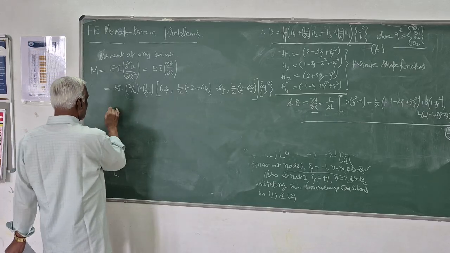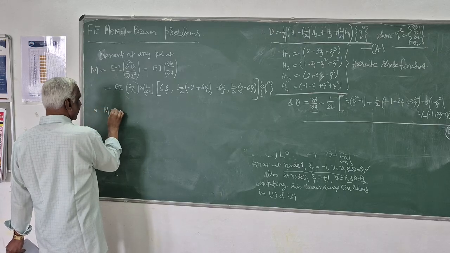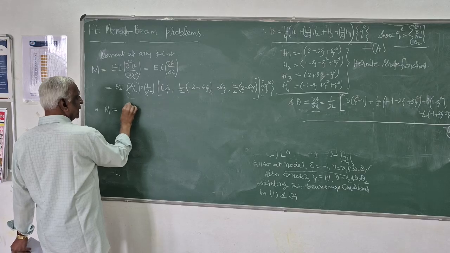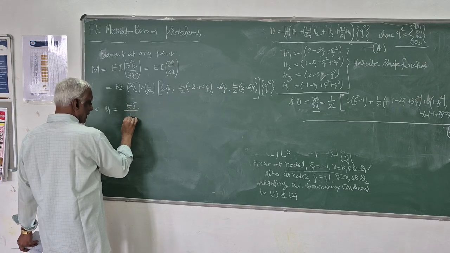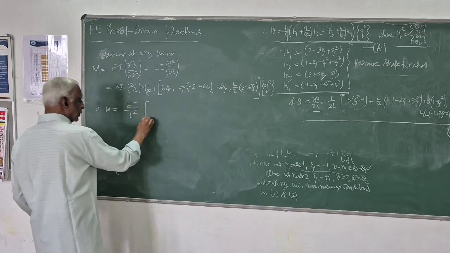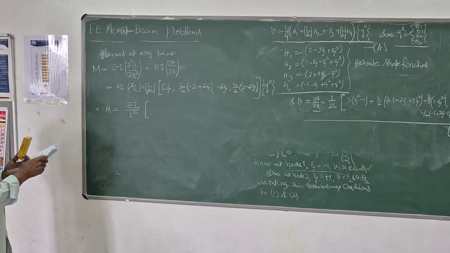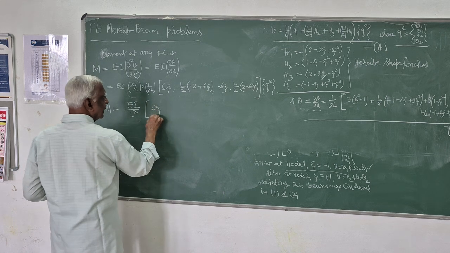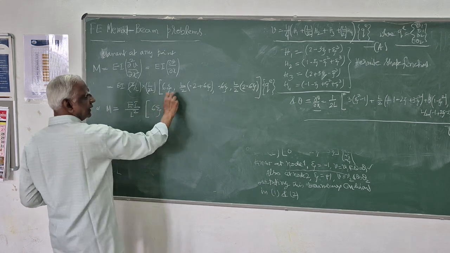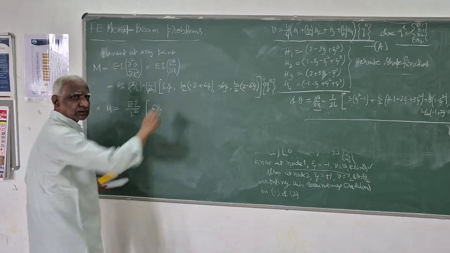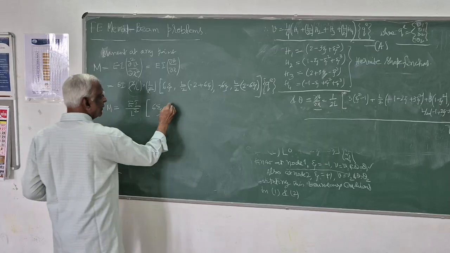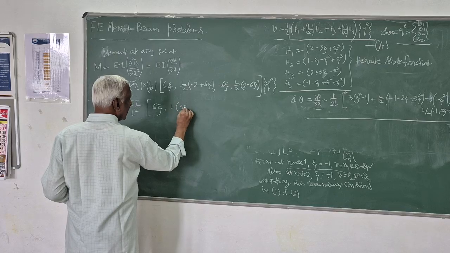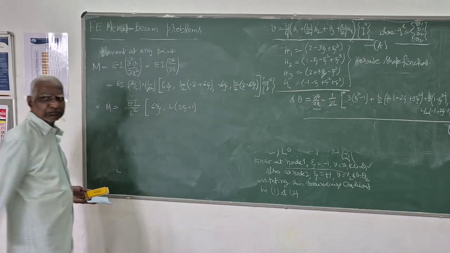So our M, we can write it as, this 2 will go, this will be EI by L square into 6. Here I can take 2 outside, that 2 and this 2 will cancel. We will have L into 3ξ minus 1.